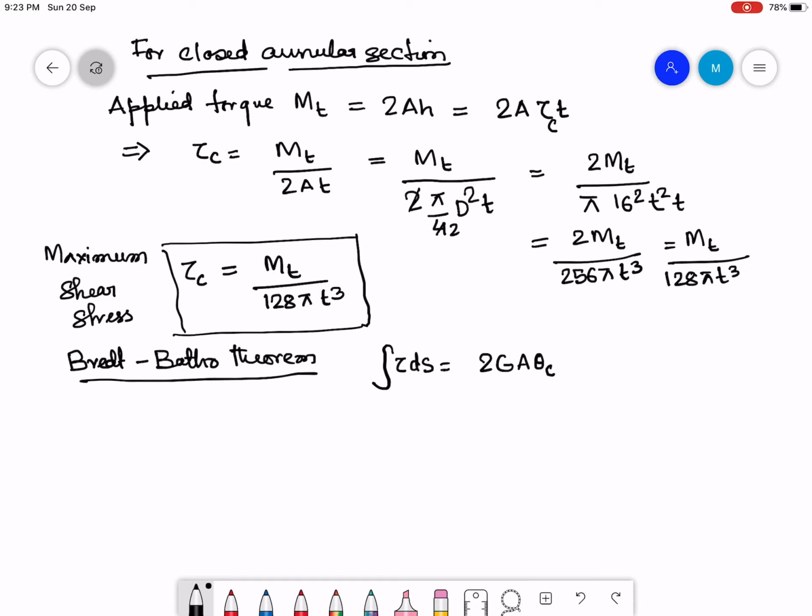Therefore, this integral can actually be written as tau c times the total circumferential length, which is pi into d, equal to 2G A theta c.